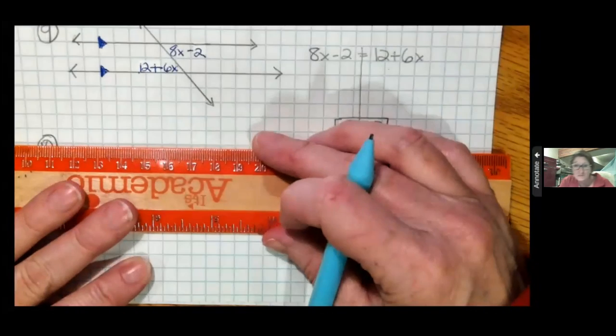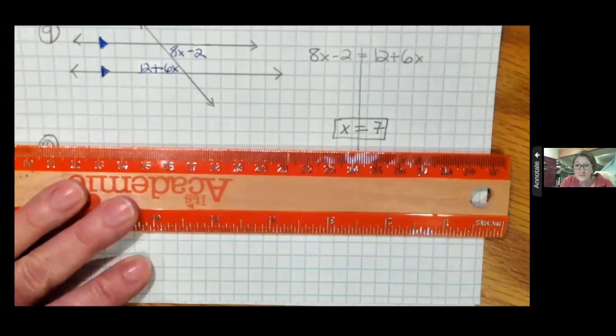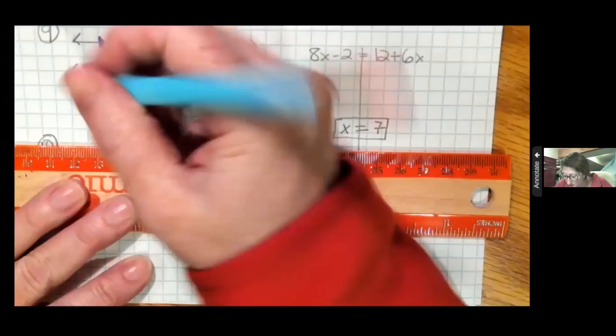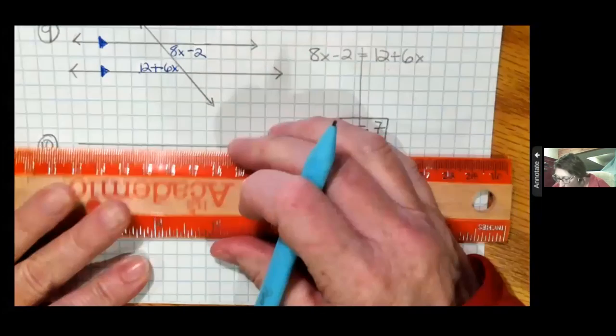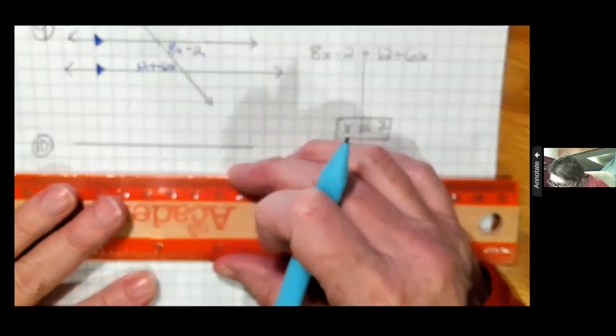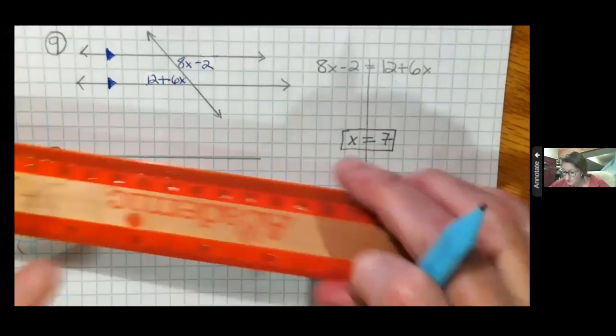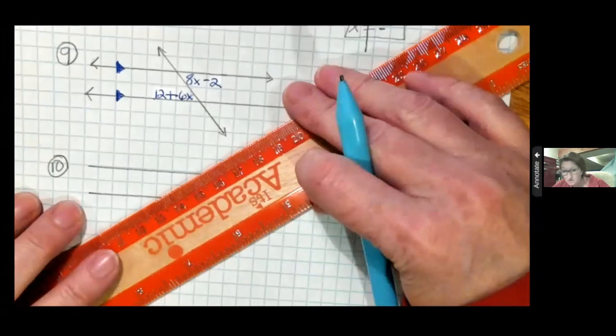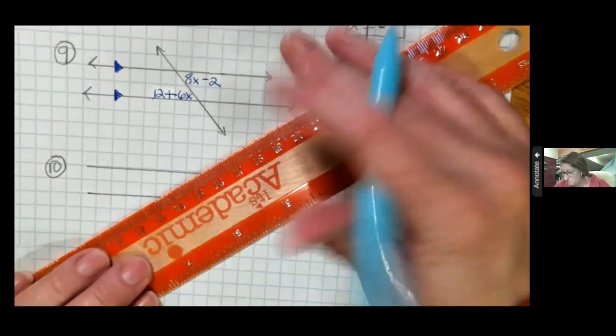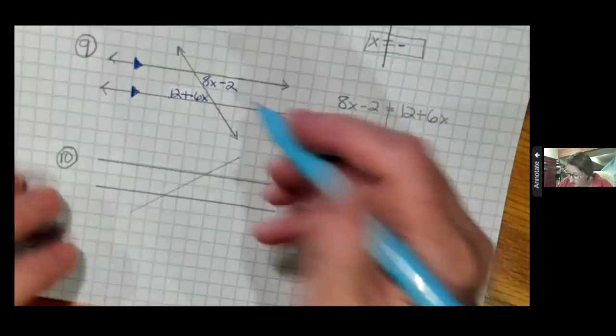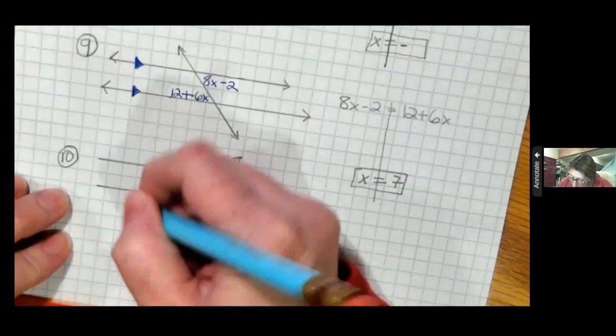Okay. Let me get back to my worksheet. Okay. And the line. I have a transversal. Okay, I have arrows, arrows, arrows.